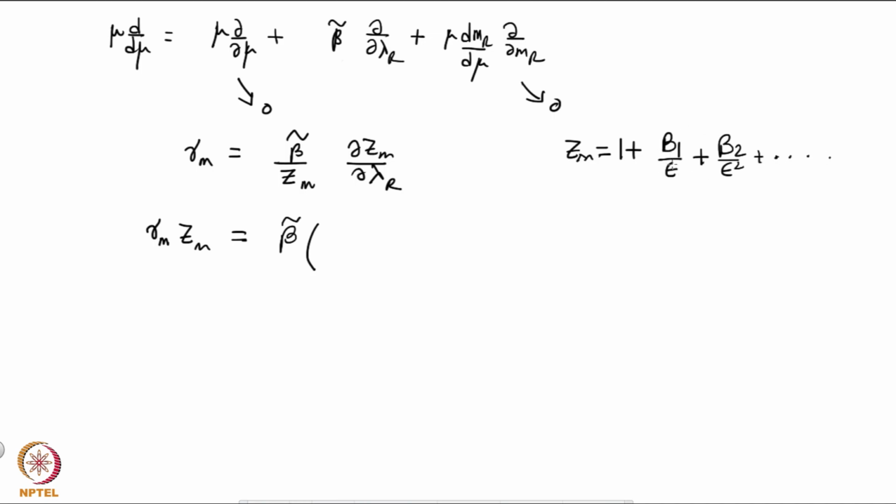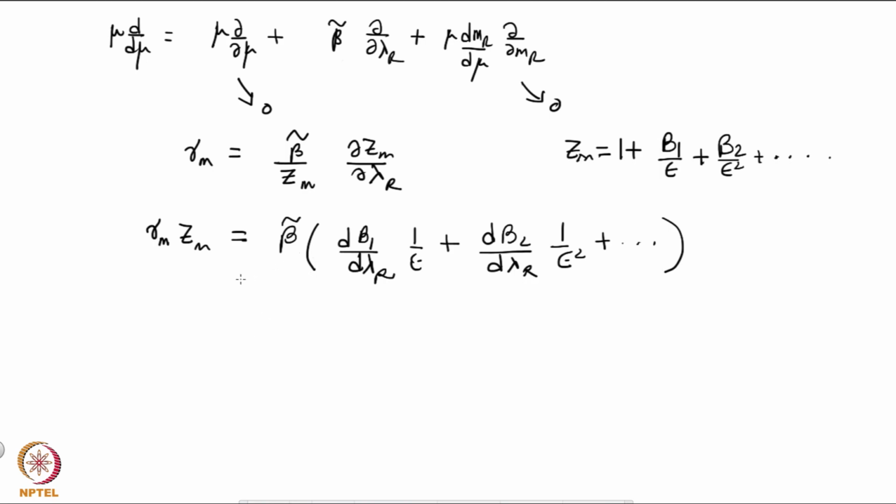I had collected all the single pole terms, double pole terms and so on. When I take the derivative, the 1 goes away and it gives you dB1 over d lambda r times 1 over epsilon, plus dB2 over d lambda r times 1 over epsilon square, and other terms.